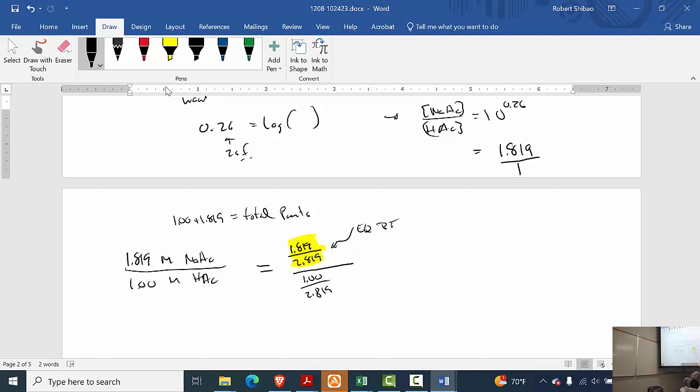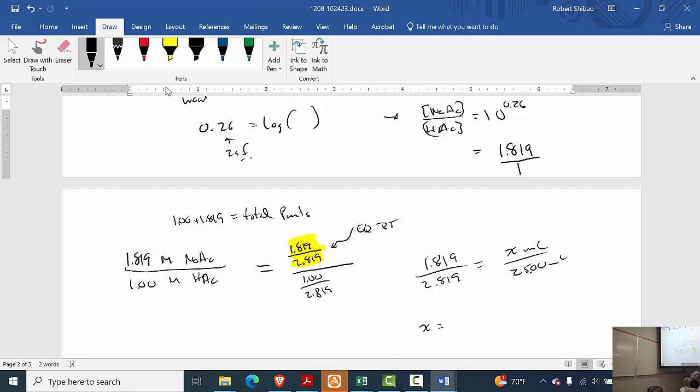In other words, how can I get this ratio here? And how I can get that ratio is this. I can say that instead of 2.819 total parts, I'm going to go 1.819 out of 2.819 is going to be the same thing as X milliliters out of 25.00 milliliters total. And so how many milliliters would I have to neutralize out of the 25 to get the same ratio?